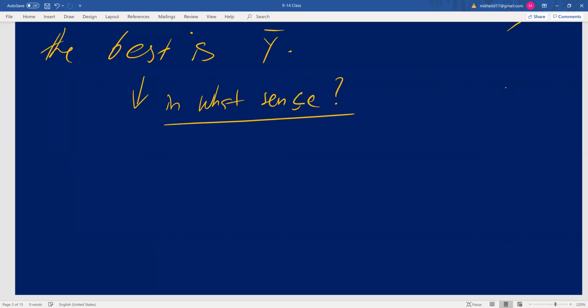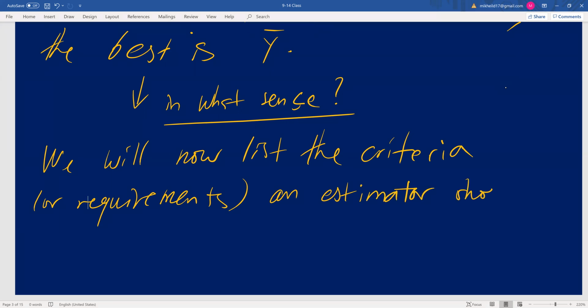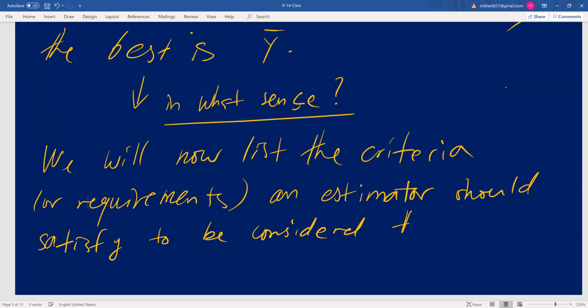Okay, good. So now we will list the criteria or requirements an estimator should satisfy to be considered the best.